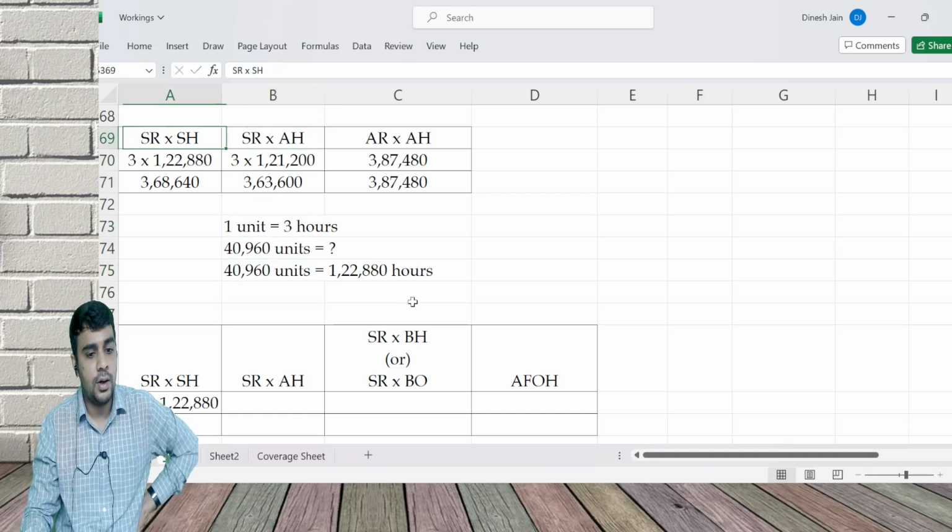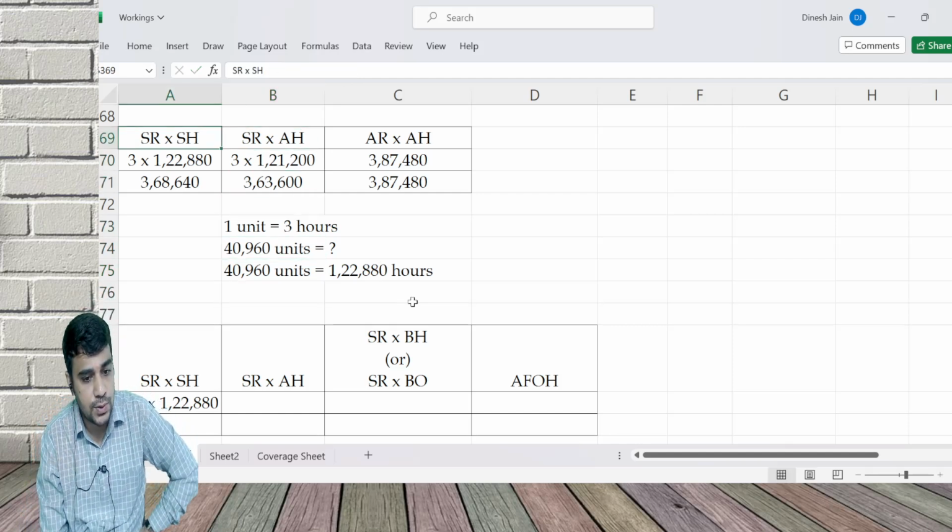This should be your labor variance table: 3 into 122,880, 3 into 121,200, and 387,480. I've not written the breakup. I don't see a need for that. I've just written the overall number.